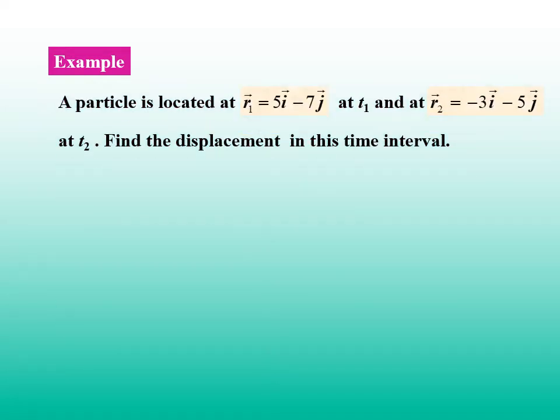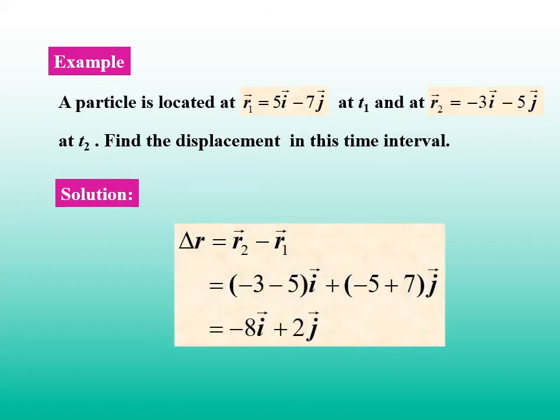What's the displacement in this time interval? Alright, delta r equals r2 minus r1. And we do a very simple subtraction for the x component and the y component. Then we come to the solution. Delta r equals minus 8i plus 2j.